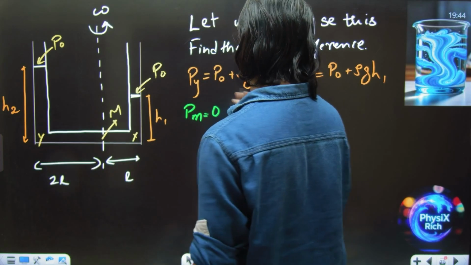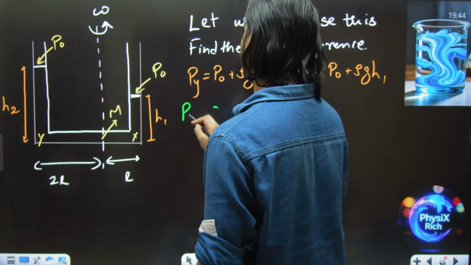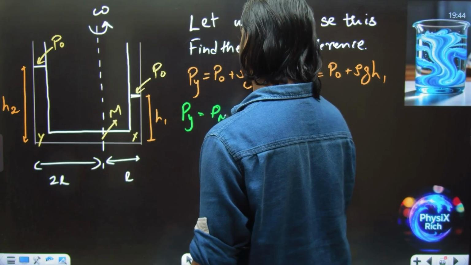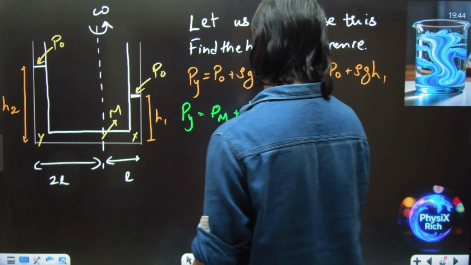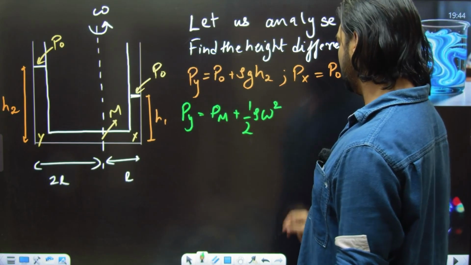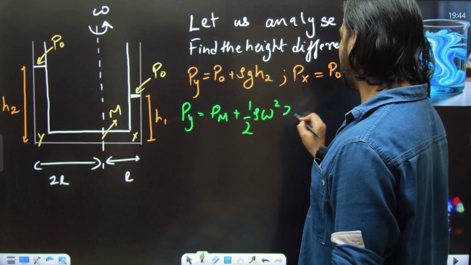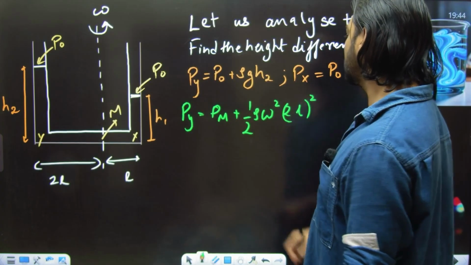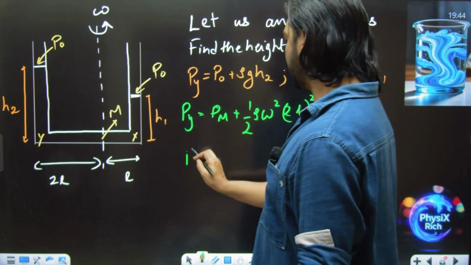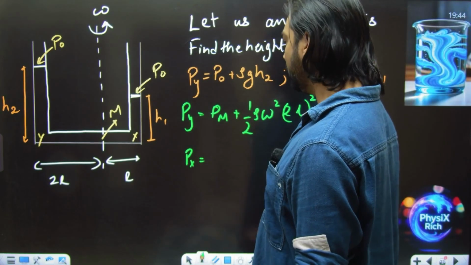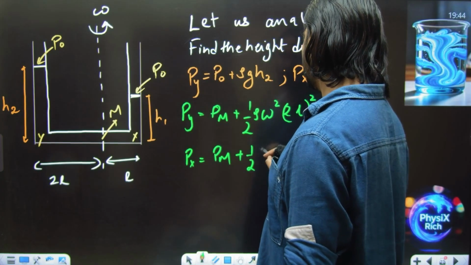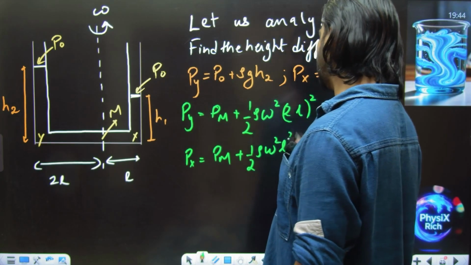We can simply say that the pressure at the point Y should be equal to the pressure at the point M plus half rho omega square (2L) square. All right. Pressure at point X is pressure at point M plus half rho omega square L square.